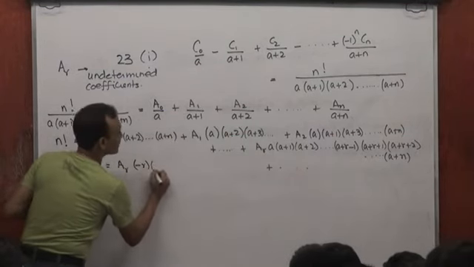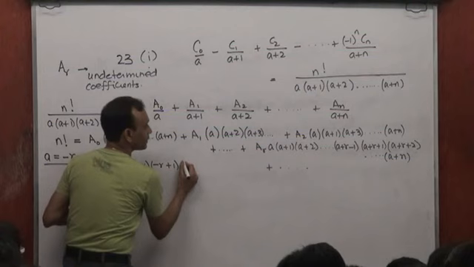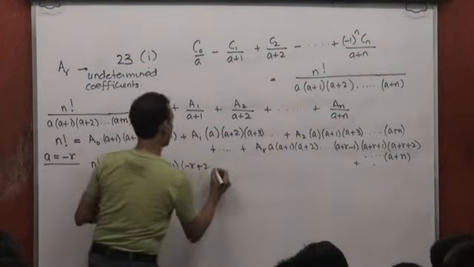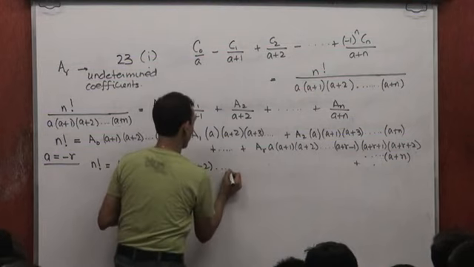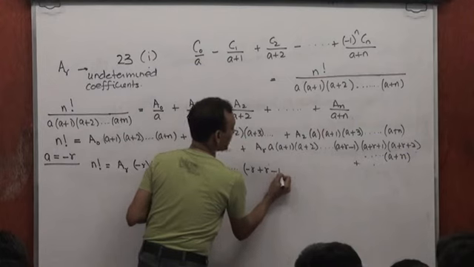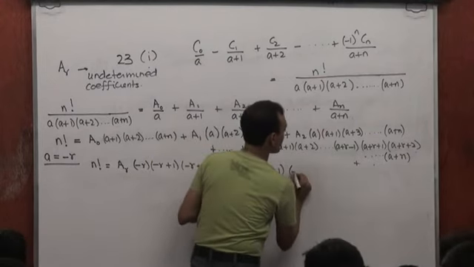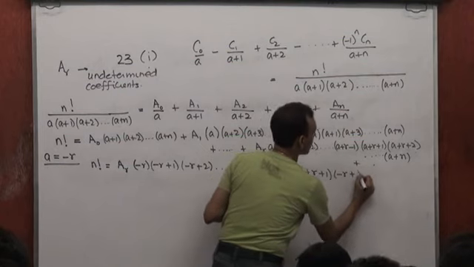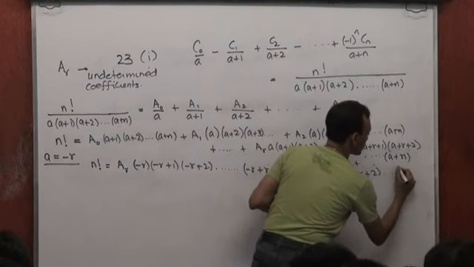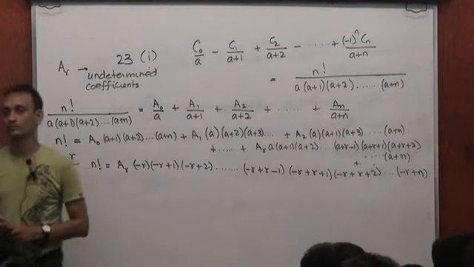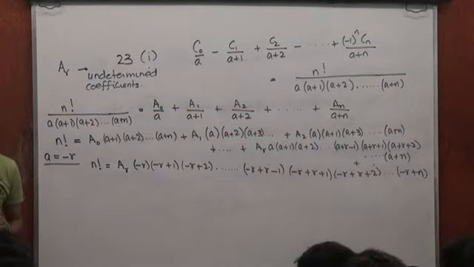Minus R into minus R plus 1 into minus R plus 2 up to minus R plus R minus 1, minus R plus R plus 1, minus R plus R plus 2, up to minus R plus n. Yes or no? Clear?